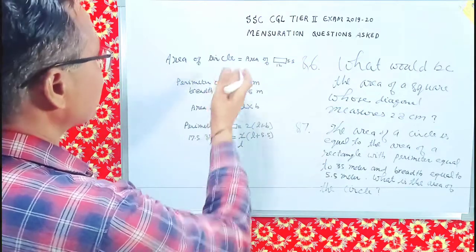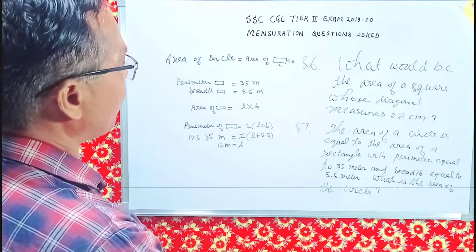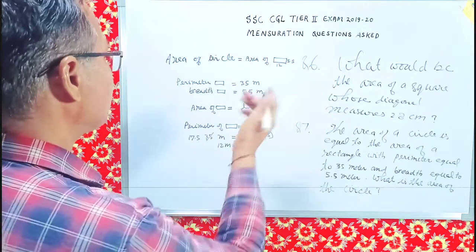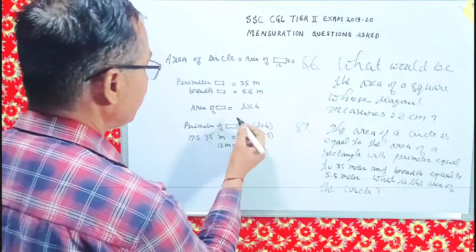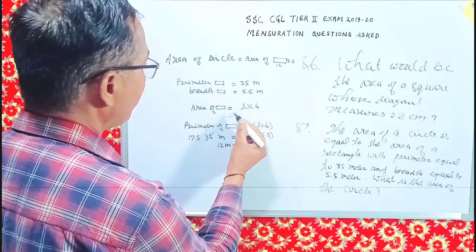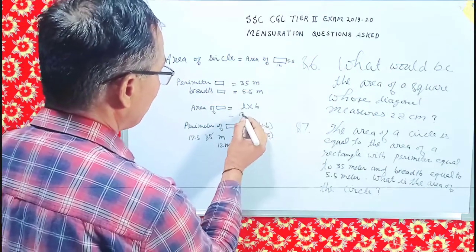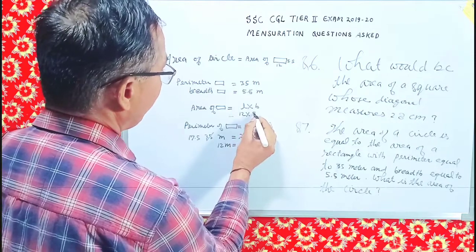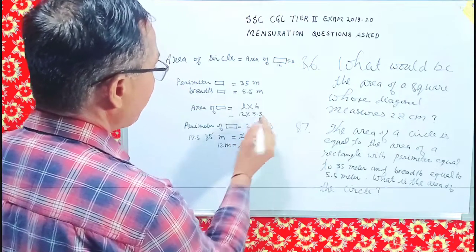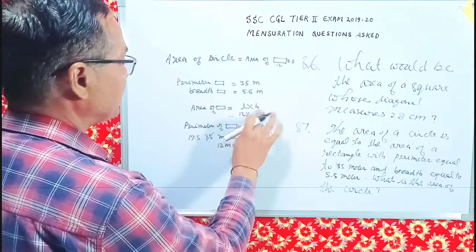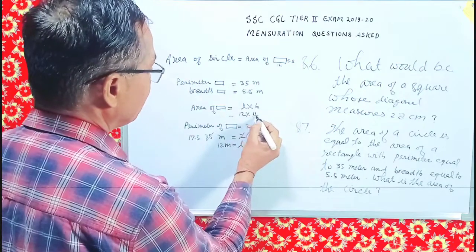So the area of the circle is equal to the area of the rectangle. So it's very easy. Now here we can put the values. Area of rectangle is equal to 12 into 5.5. 5.5 we can write as 11 by 2.